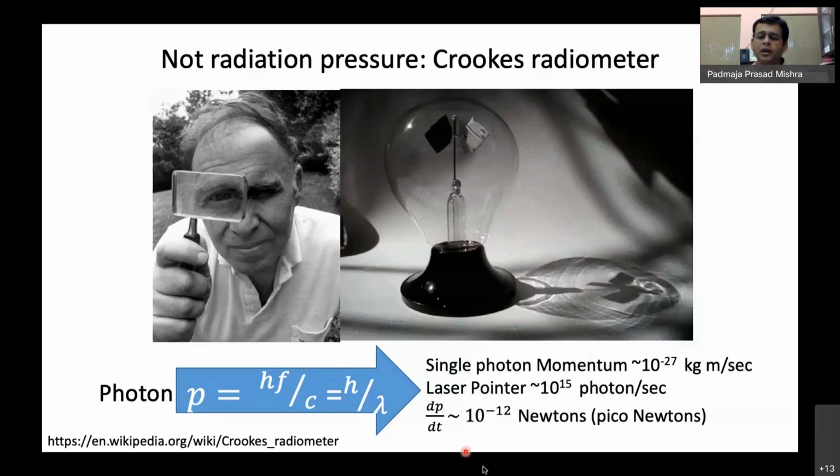This force, as such, appears very small. It has no noticeable effect, because we are exposed to many kinds of radiation once we go outside or even inside our house.